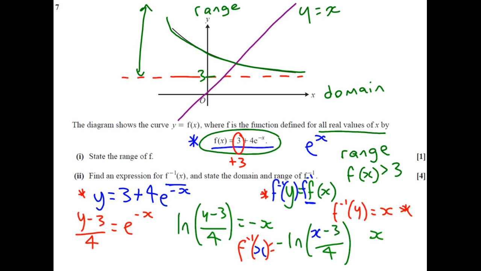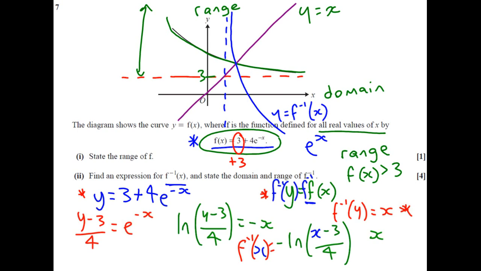We are swapping y and x around. So the new asymptote is going to be at x equals 3. And if we reflect it, it's going to be something like that. So that blue line is y equals f to minus 1 of x.